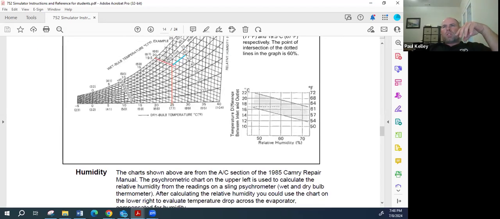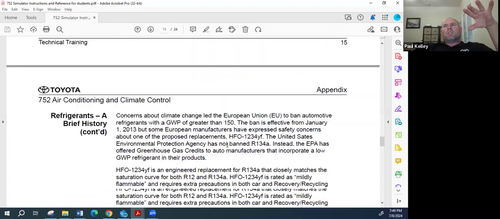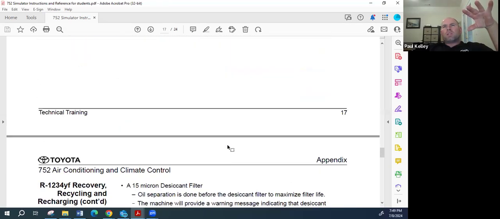So temperature differential between inlet and outlet, along with relative humidity. It's saying if your relative humidity is higher, you're actually going to get less temperature difference. Kind of interesting stuff, but it didn't really give us a ton of information on that flow sensor.